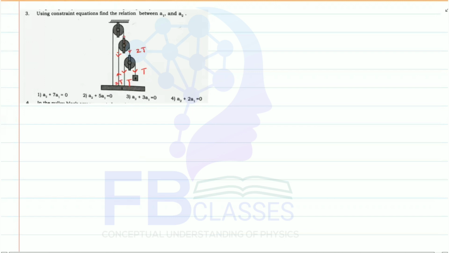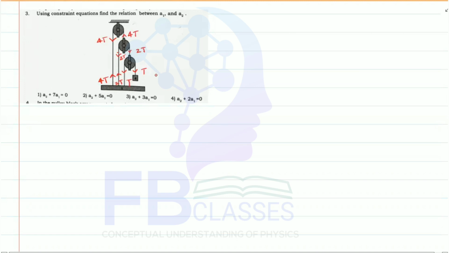So the upper string is 2T plus 2T, which becomes 4T. Yes or no? 2T plus 2T is equal to 4T. So this side is also 4T. Okay, so on the first block, how many tensions are there? 4T plus 2T plus T. So total becomes 7T.